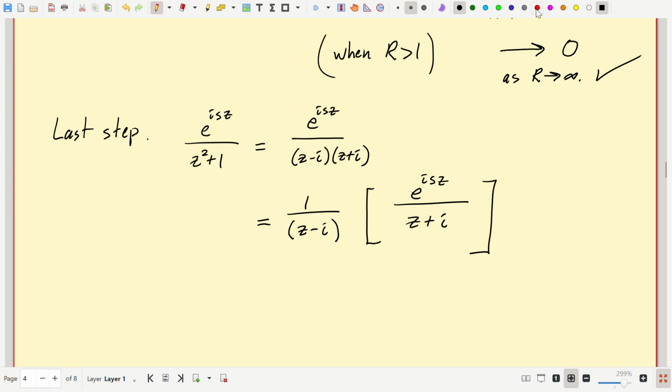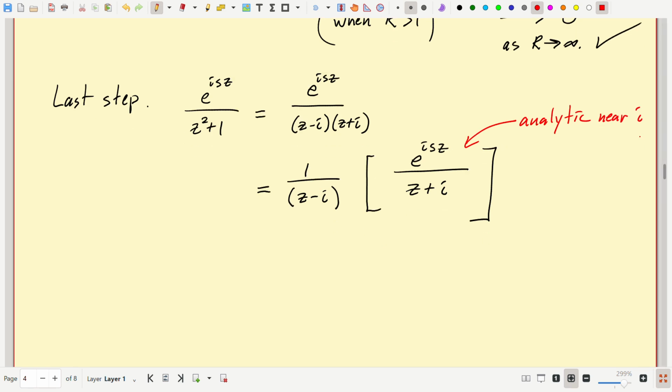So this thing is analytic near i, and therefore it has a power series expansion. I like to use capital letters for this one: A naught plus A1 times z minus i plus A2 times z minus i squared plus dot dot dot.